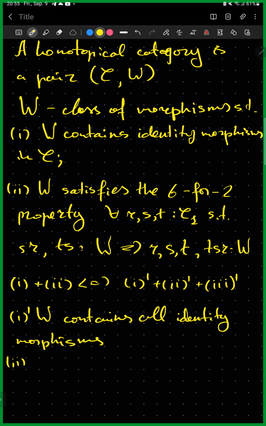The second property is the so-called condition of weak convertibility.